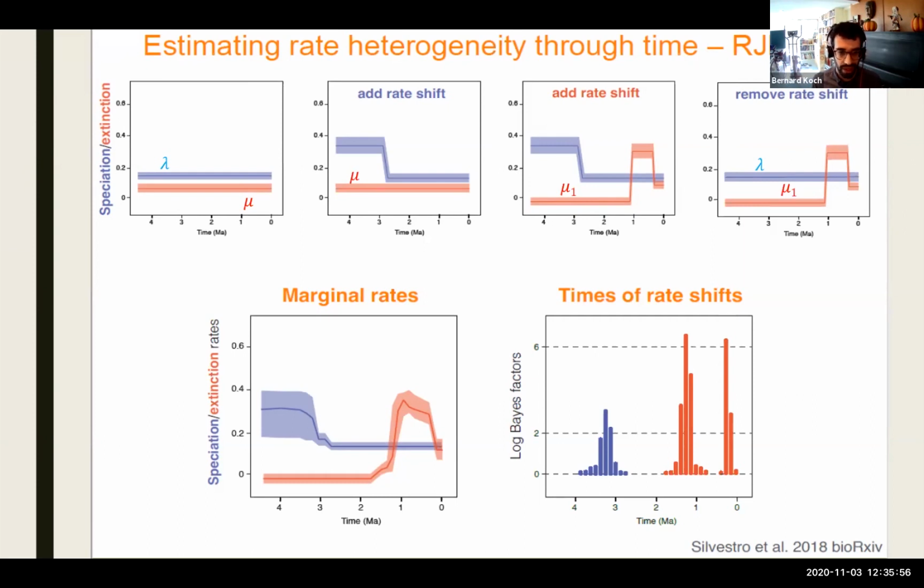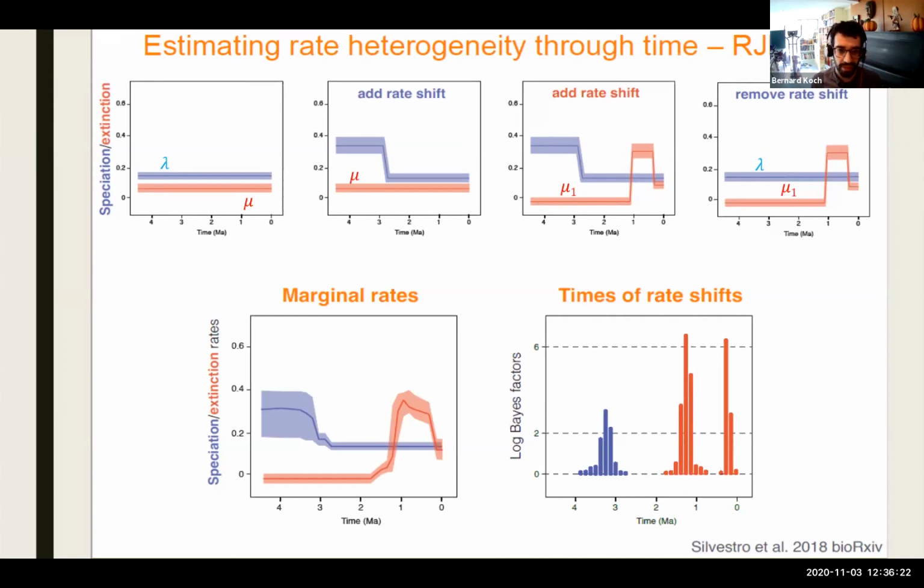Birth-death processes are kind of what I showed you before. They're always linear, so the birth rate is flat and the death rate is flat. What the model does is propose to concatenate multiple birth-death processes together throughout the course of time. It will fit the model to the data, and some additional rate shifts will be accepted and some will be rejected.